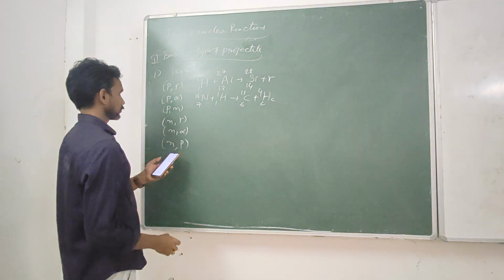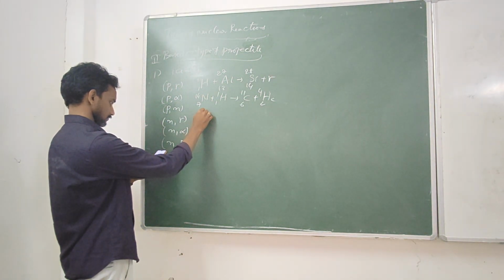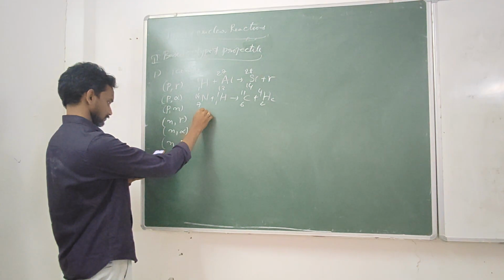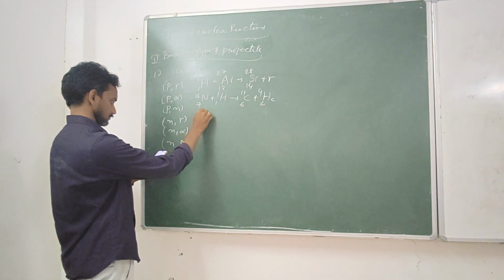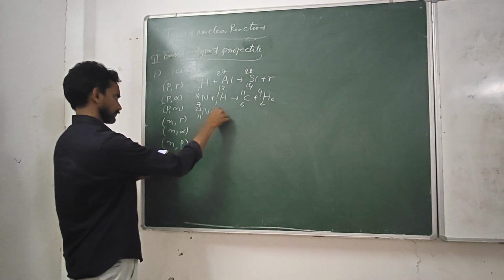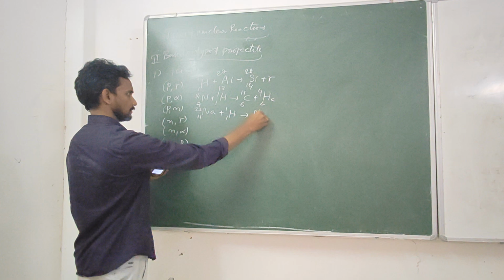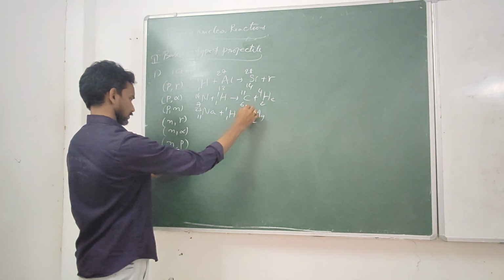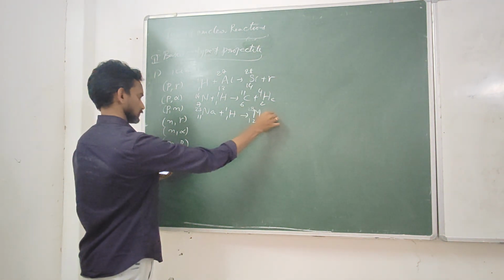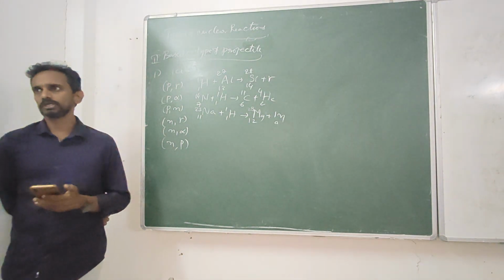So proton giving neutron. Na1123 plus H11 gives Mg1223 plus N01.